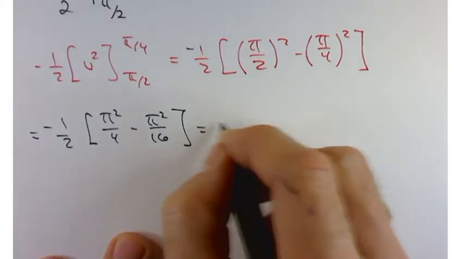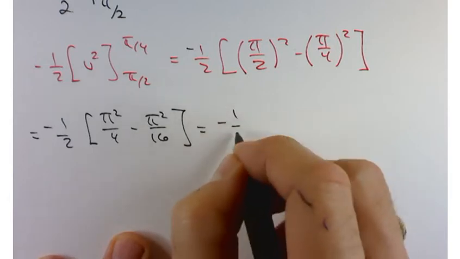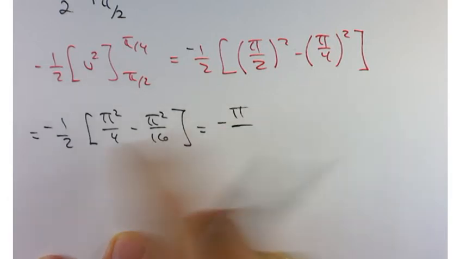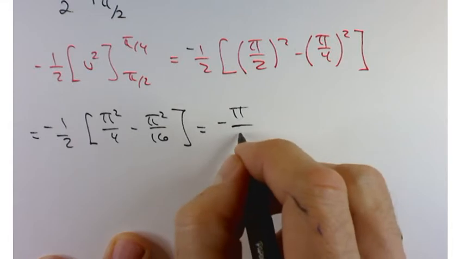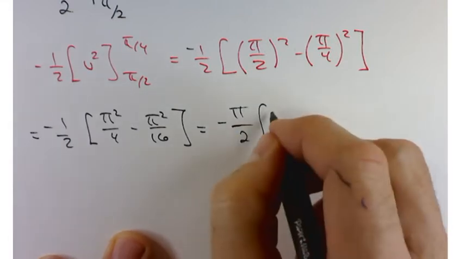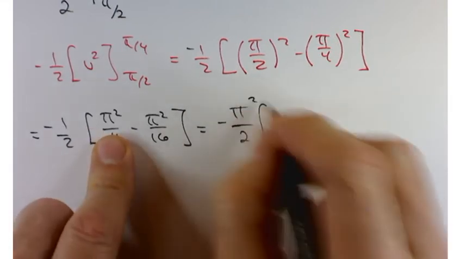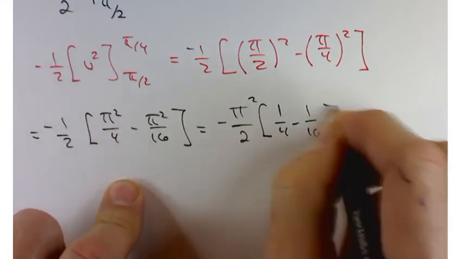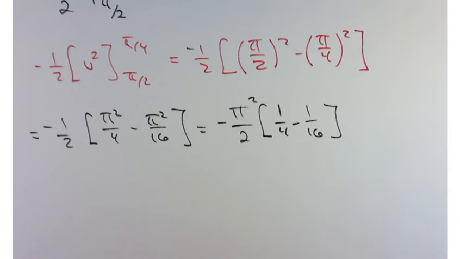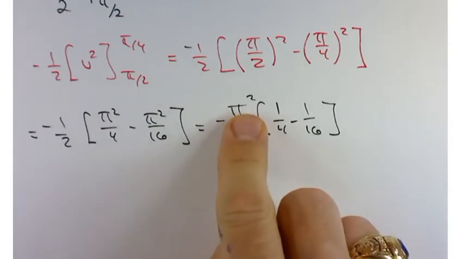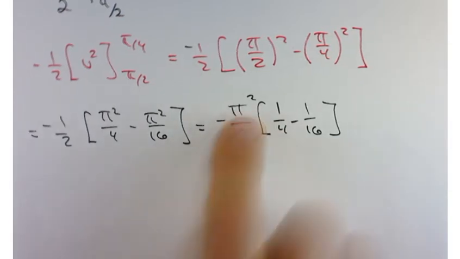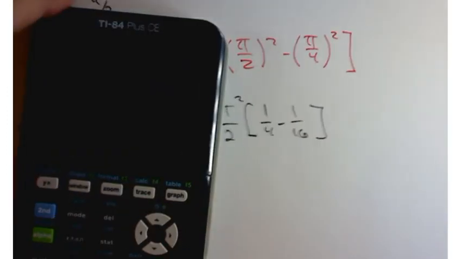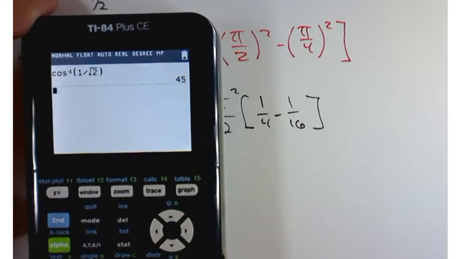Let me show you a little bit of a trick to avoid some of the nasty work with all the fractions. It's not that bad. I hope you can do it. If you factor out the pi squared, you're left with 1/4 minus 1/16. Now, I'm not going to put the pi squared into my calculator, but I am going to do this.